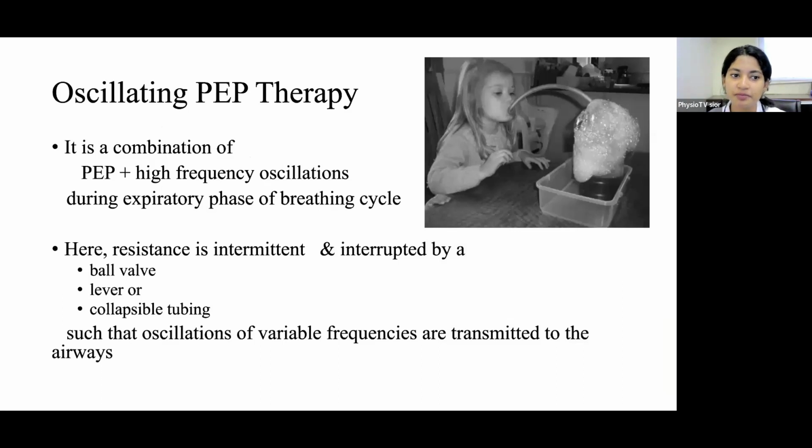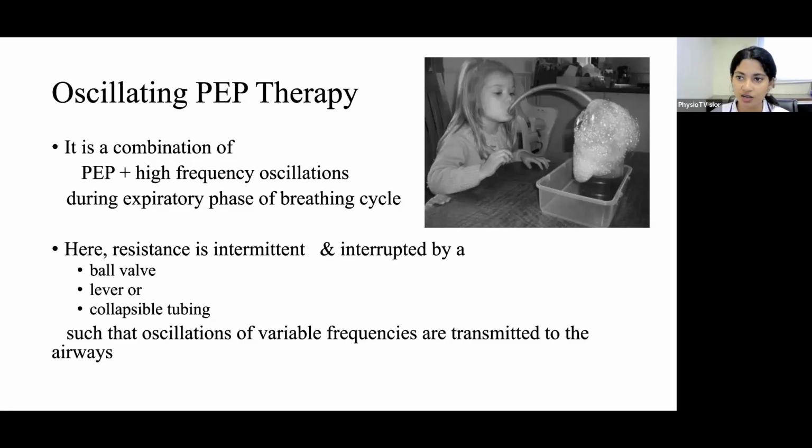In oscillating PEP therapy, it is a combination of the PEP therapy that we already studied, plus there will be oscillations or high frequency oscillations that will be created in the airways during the expiratory phase of the breathing cycle. In this therapy, the resistance is intermittent. It is not continuous resistance to the expiratory flow. Rather, there will be intermittent or interrupted resistance in this device.